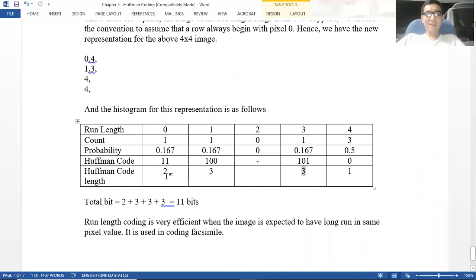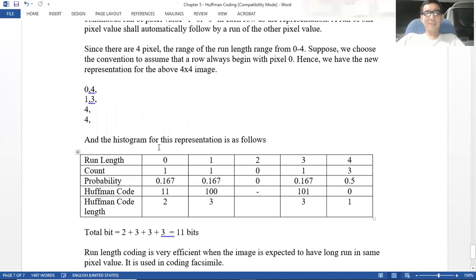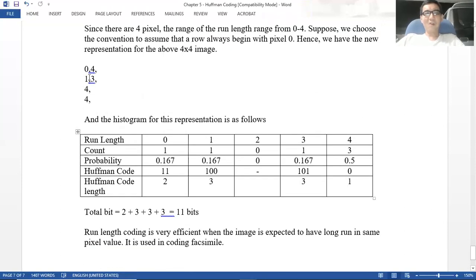If you see the count 1, so 2 bits for this 0 run length, 1 count of 1 run length, so 3 bits, and then 1 count for 3 run lengths, which we use 3 bits, and then 3 counts for 4 run length. Okay, and the bits is 1, so we need 3 bits. So total only 11 bits as compared to the original 16 bits. So this is how we actually take advantage of the long run length.